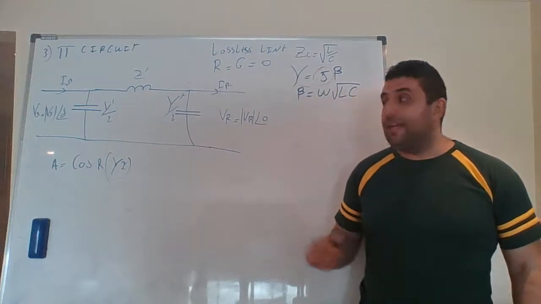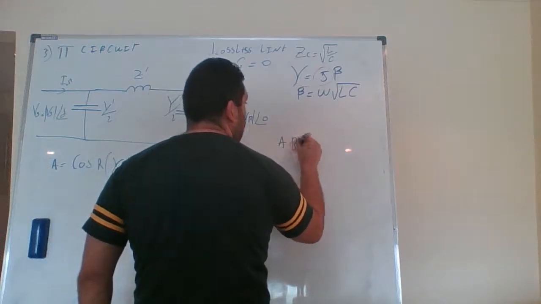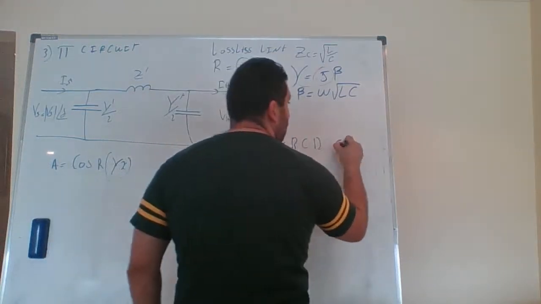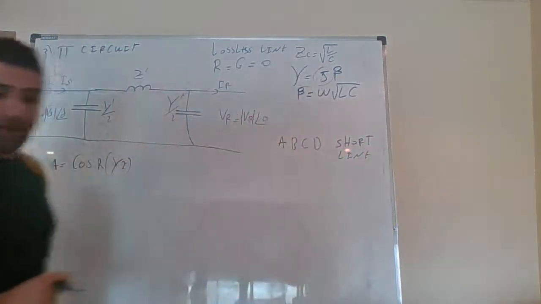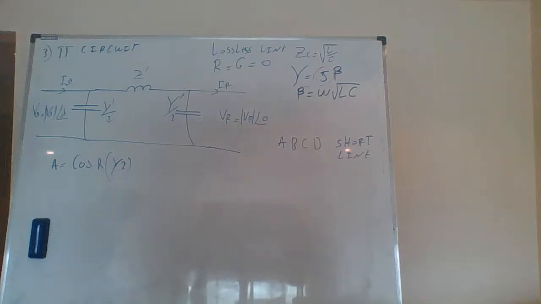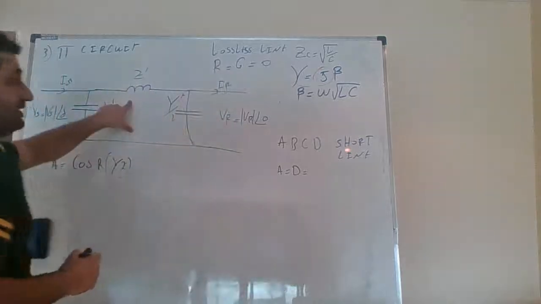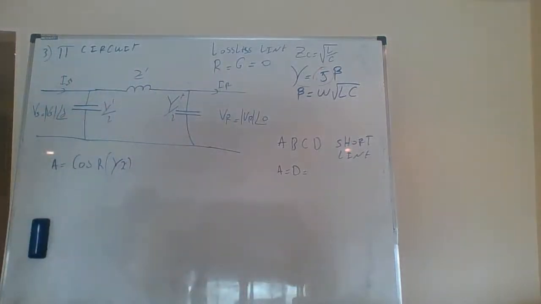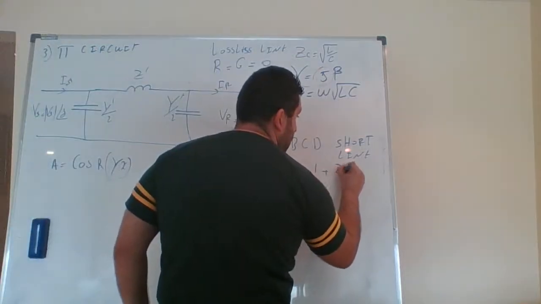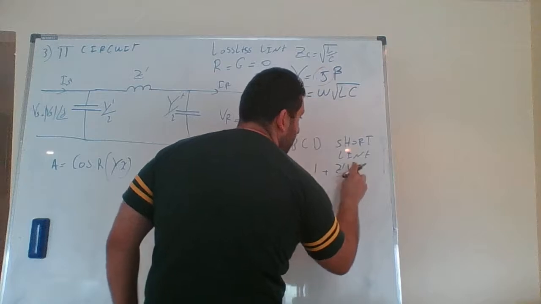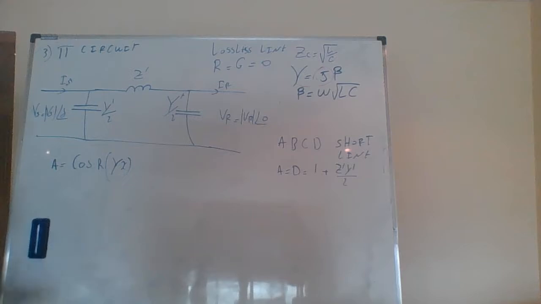Do you remember this? If I recall A, B, C, D for a short line, A is equal to D, is equal to 1 plus Z dash Y dash over 2. If I do the analysis as per the short transmission line, perfect.